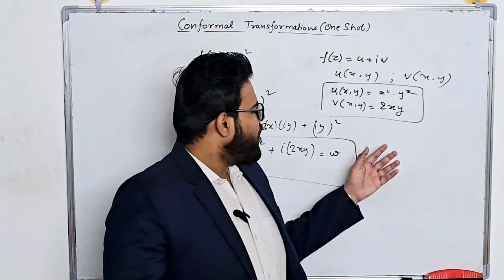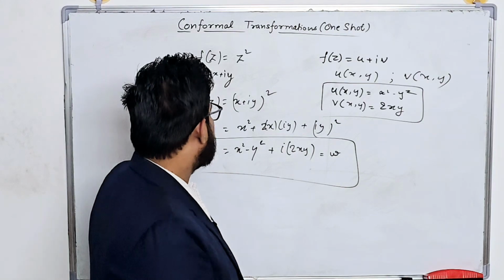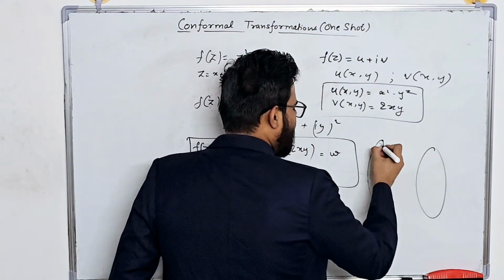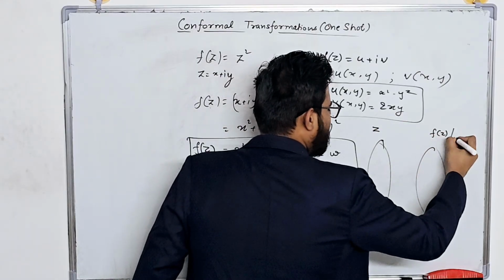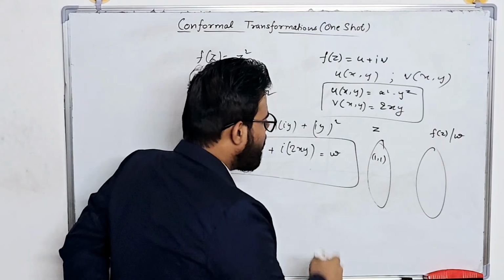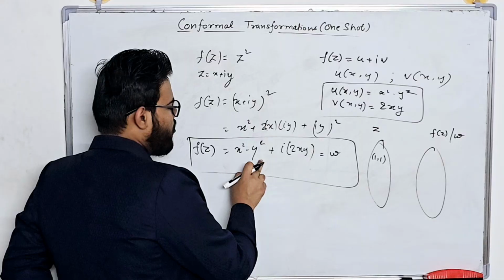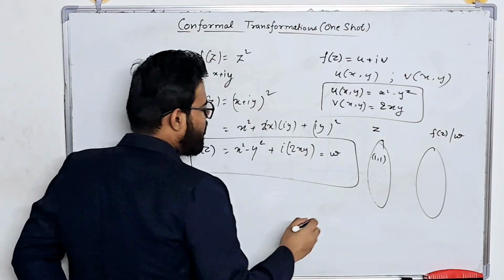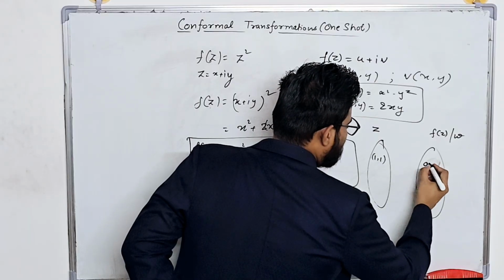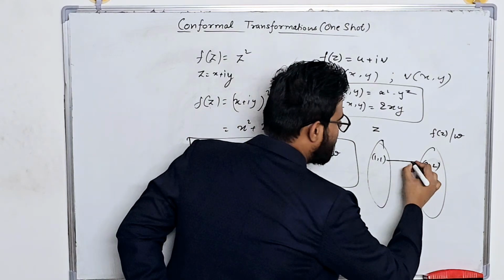Now how can we represent this on a graph? Suppose the point is (1, 1). Then we simply substitute 1, 1: 1² − 1² = 0, plus 2 times this quantity gives 2i. So it is (0, 2), where this is the u value and this is the v value. So they are linked like this.